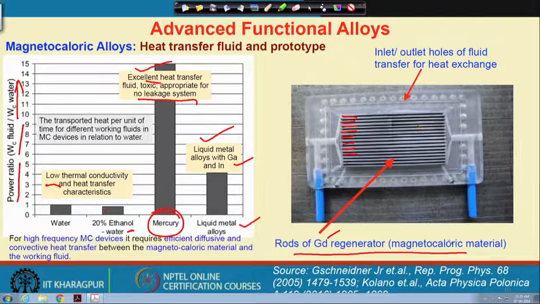These are taken from some very recent literature, and people are already developing such magnetocaloric alloys for commercial use in refrigeration. So, one has to keep in mind the heat transfer of the fluid for prototype development.